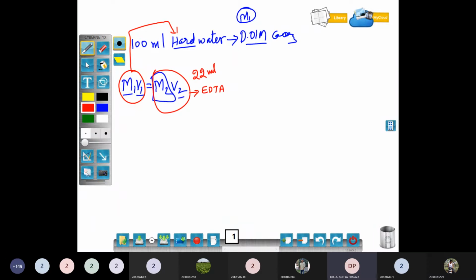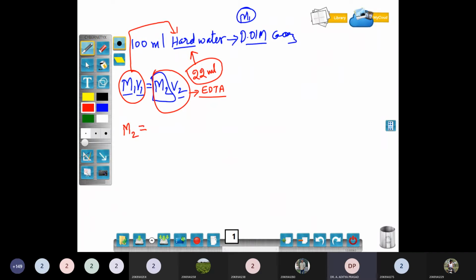Everybody able to follow me or not? Yes, sir. 22 ml is required for the hard water sample. Now we are finding the molarity of EDTA. So let us find out the molarity of EDTA.